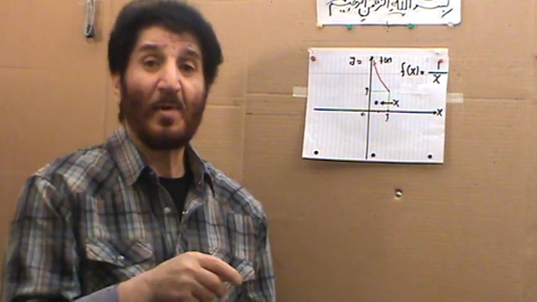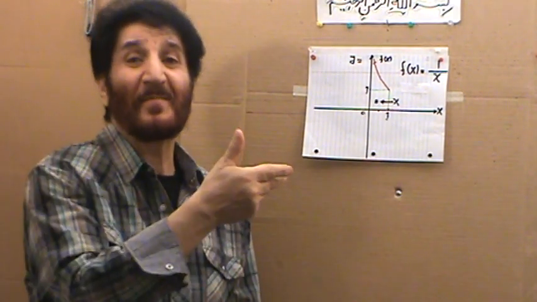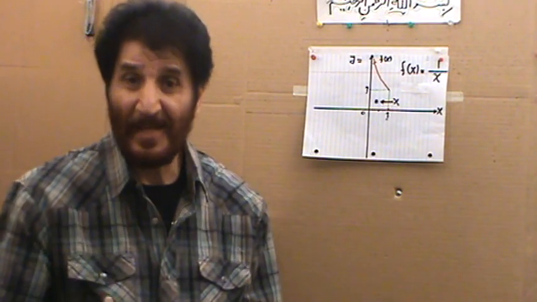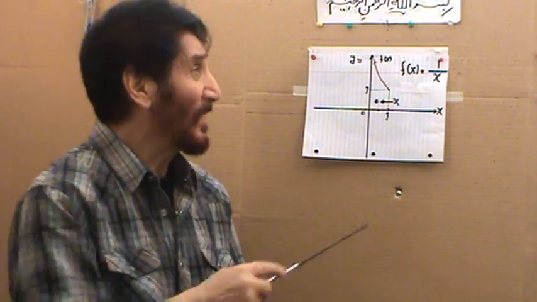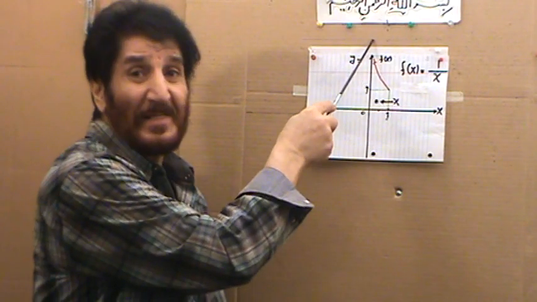So you give x a small value, which is 1 over 10, and the value of y, which is 1 over x, is 10. If x is, for example, 1 over 100, then the value of the function is 100.